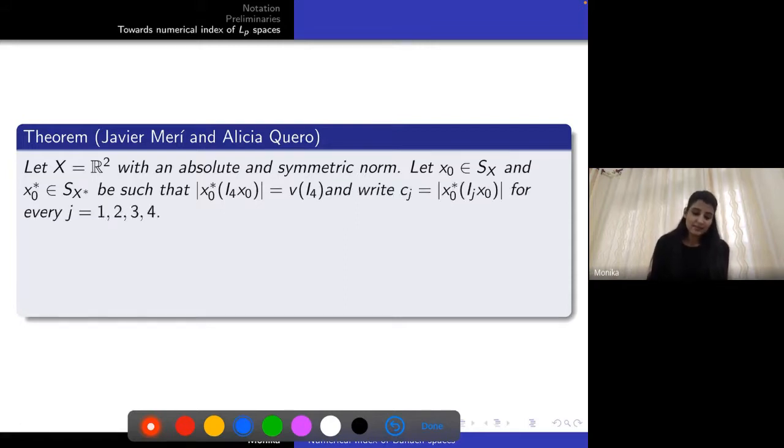In that case, if C4 is 0, the numerical index of the space will be 0.